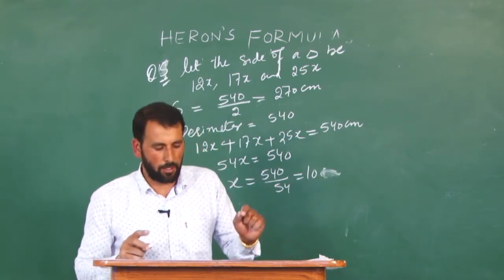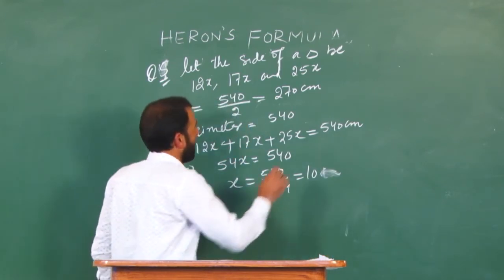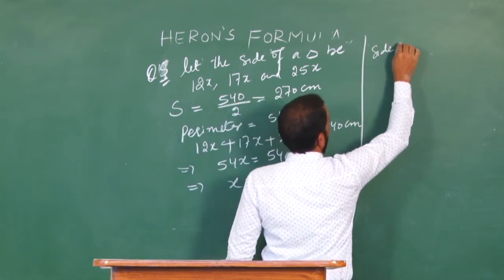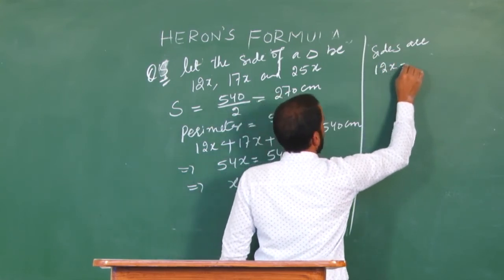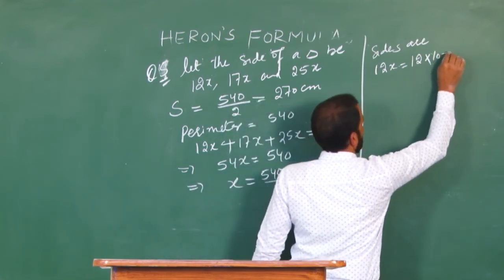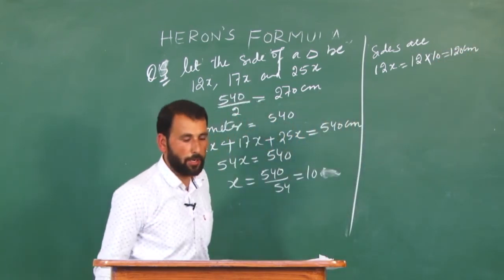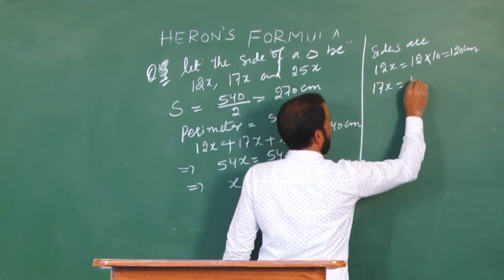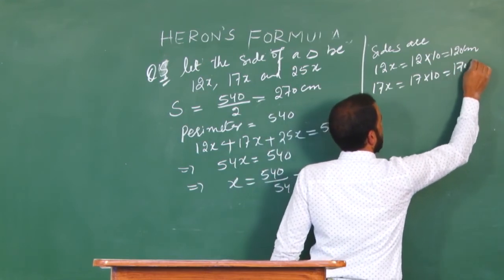Now after finding the value of x, we can find the sides of the triangle. The first side is 12x, that equals 12 into 10, which is 120 centimeter. The second side is 17x, that is 17 into 10, which equals 170 centimeter.